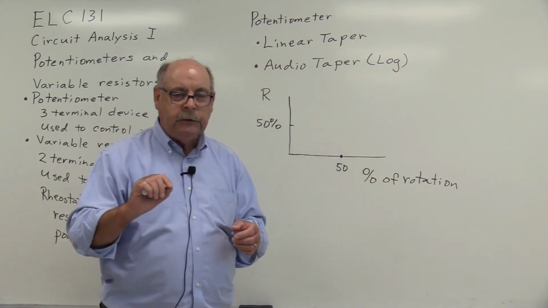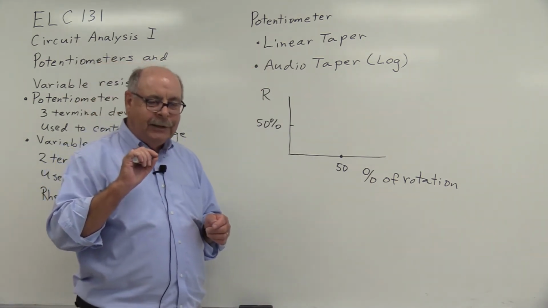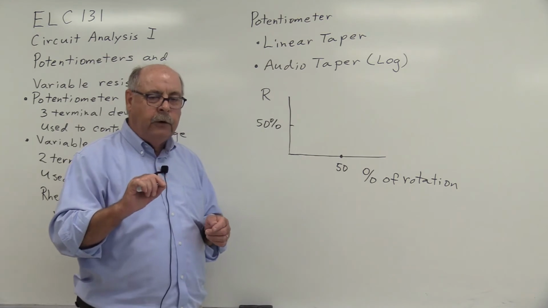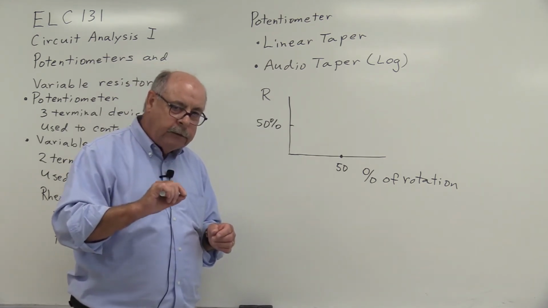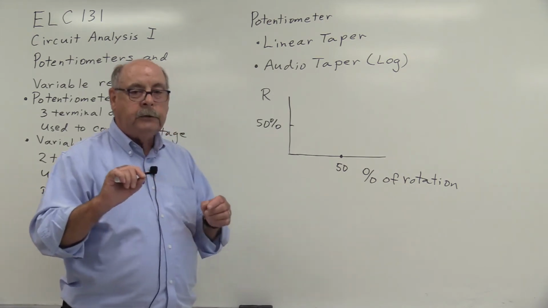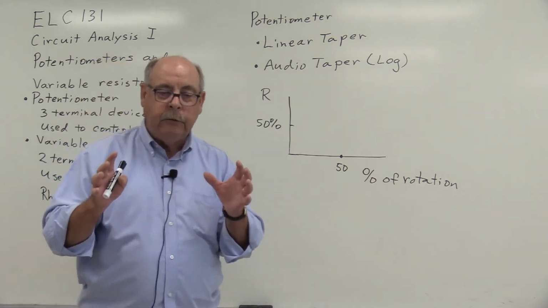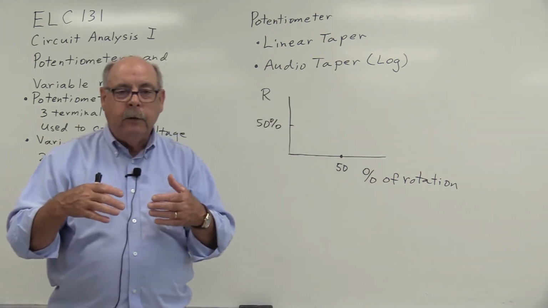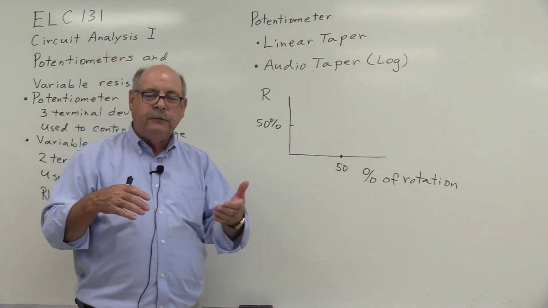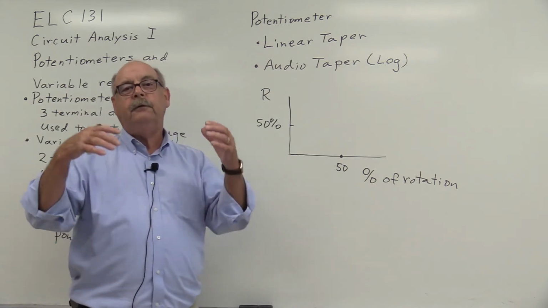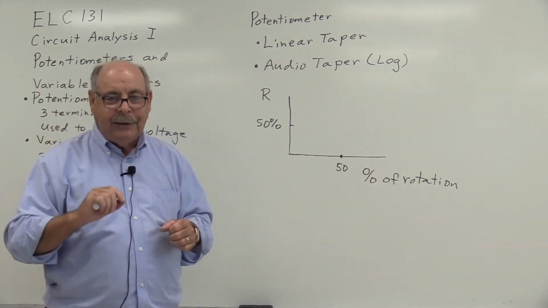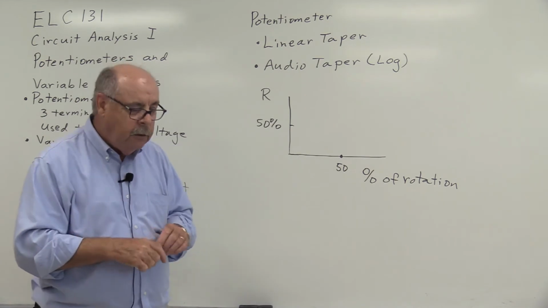What this means is that the ear is more sensitive to changes in volume with a very quiet sound than it is with very loud sounds. When the volume is very small, the ear is more sensitive to changes in volume. When the volume is very loud, the ear is less sensitive to changes in volume.